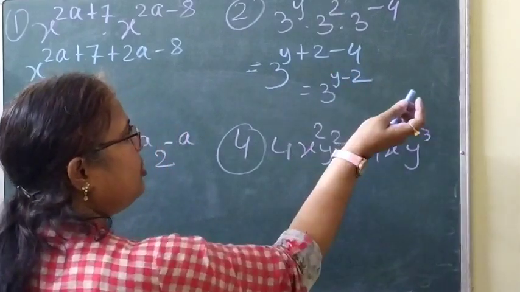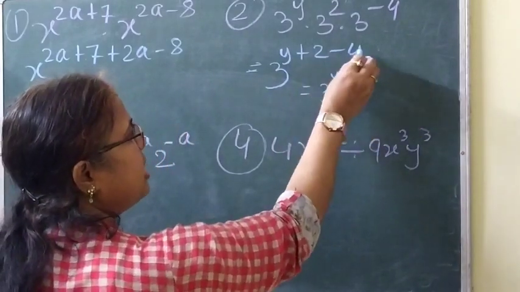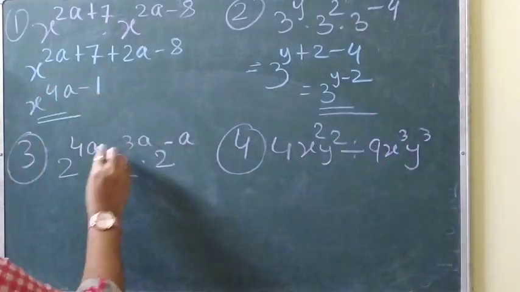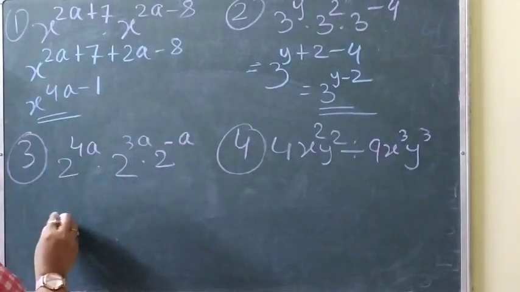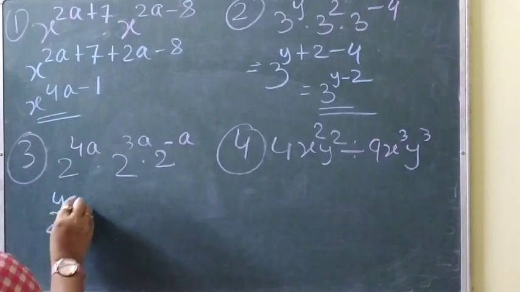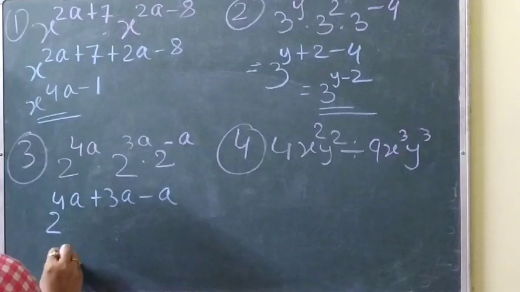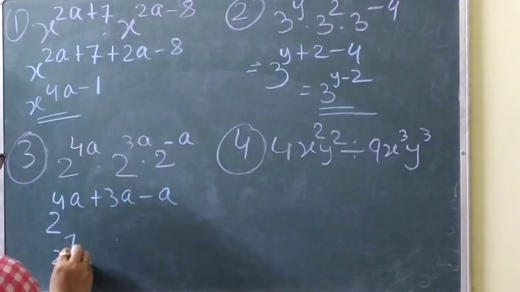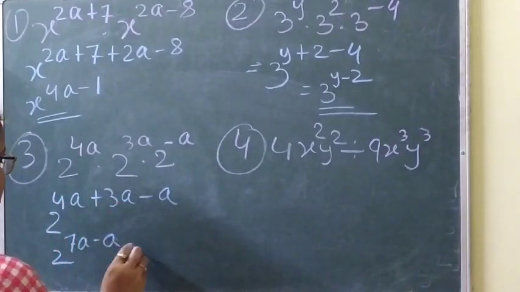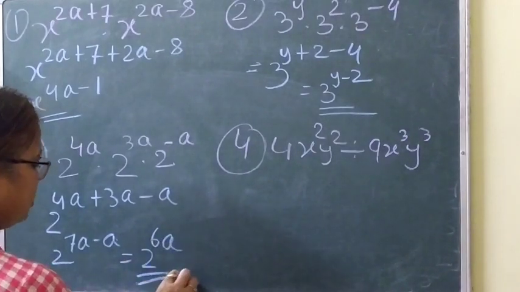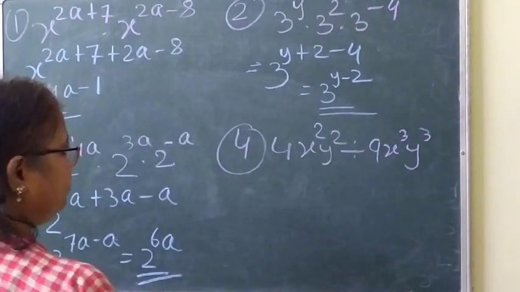Because with the y we can't do anything, but plus 2 and minus 4 is minus 2. And this will be the answer. Now, here also, same concept, 2, then 4a plus 3a minus a. So, it will be what? 4 and 3, 7. 7a minus a, and so it will be 2 to the power 6a, and this will be the answer.